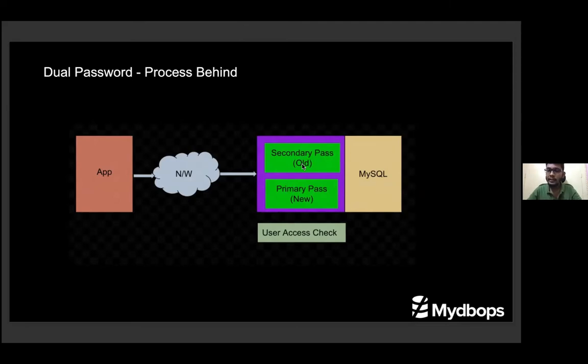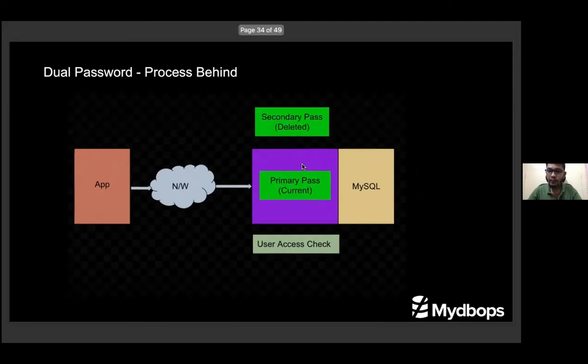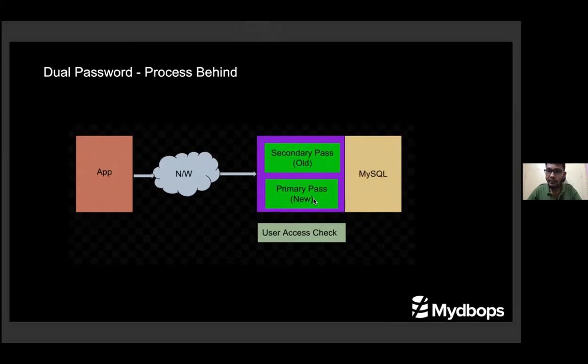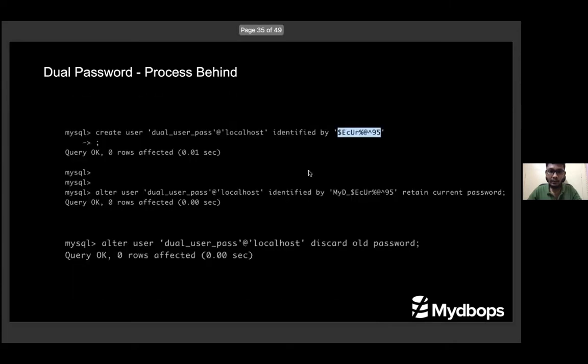Once we have completed our application connection string changes, whenever we want to discard the old password, we can remove it from MySQL. After that, the new password will be applicable for the particular user. During this time, we can log in to MySQL using both passwords. Both passwords will work during the migration time.